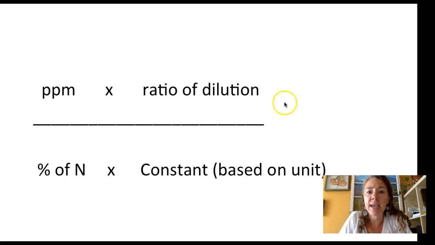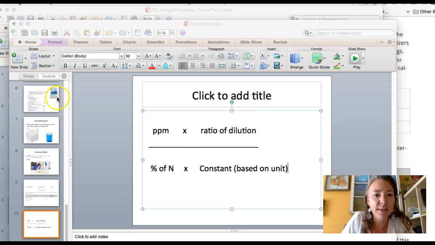I'm using an injector ratio of 200, so that top number, that numerator, is going to be... I'm sorry, I said 250, didn't I?